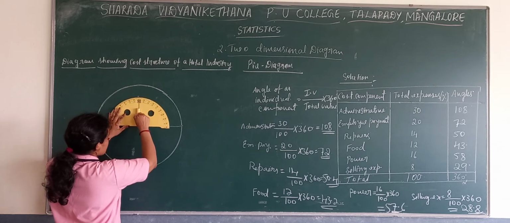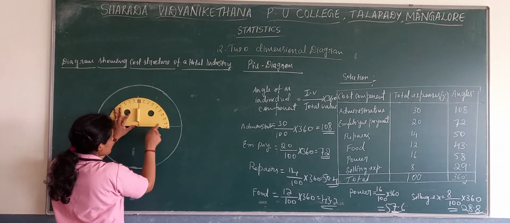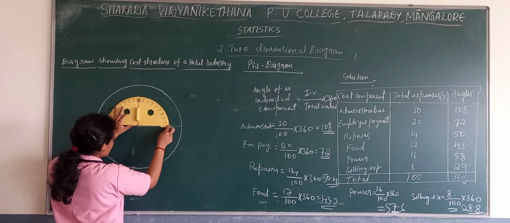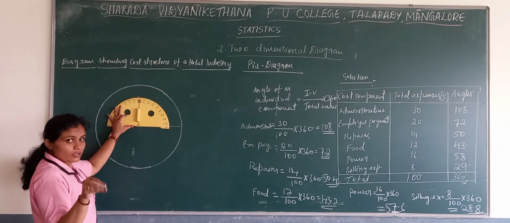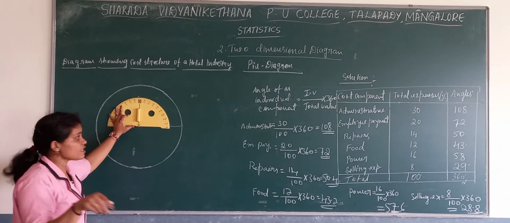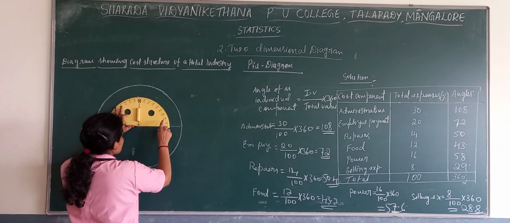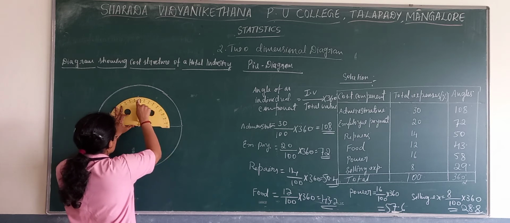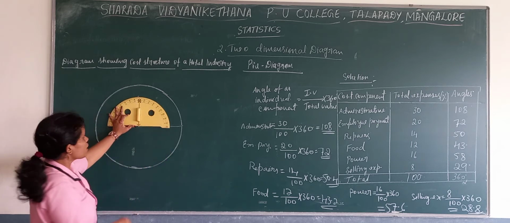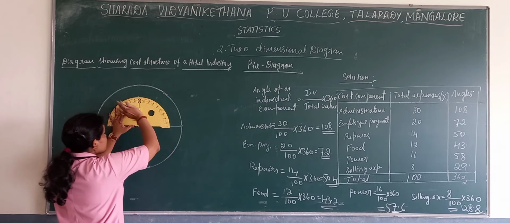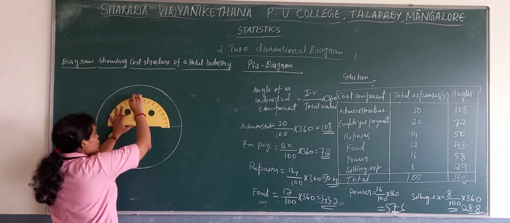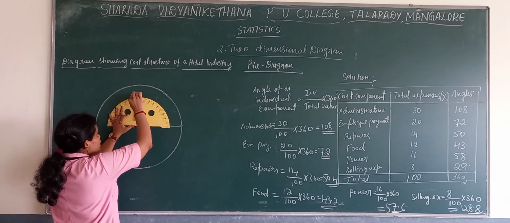Start from your right hand side: 0, 10, 20, 30, 40, then here comes 100, then 105, and 108 means 5, 6, 7, 8.